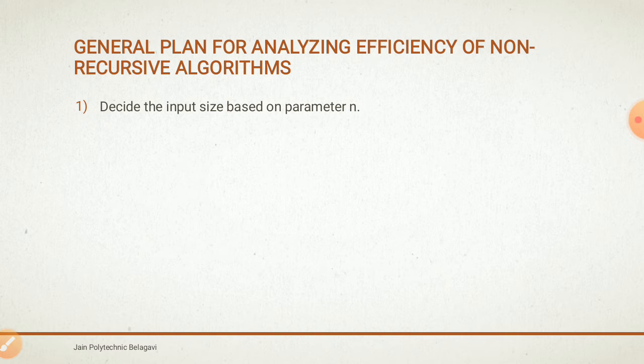The first step in the general plan is deciding the input size based on parameter n. First we have to decide the input size of that particular algorithm. The next step is to identify the algorithm's basic operation. As I said in the previous video, finding the basic operation of an algorithm is a must.